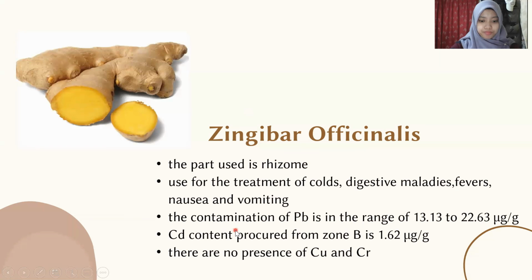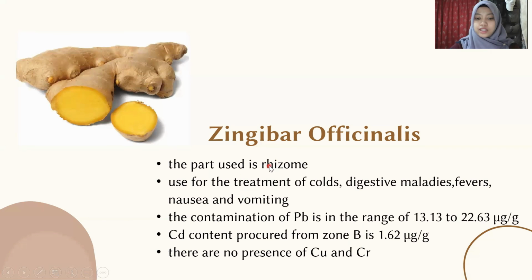And the concentration for the Cd contained in this Z. officinalis, obtained from zone B, is 1.62 microgram per gram. Based on the results shown before, there is no presence of copper and chromium ions detected in these herbal drugs.